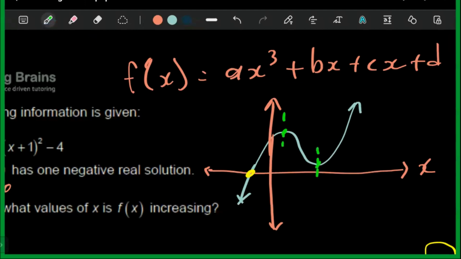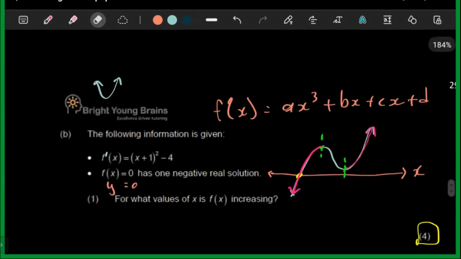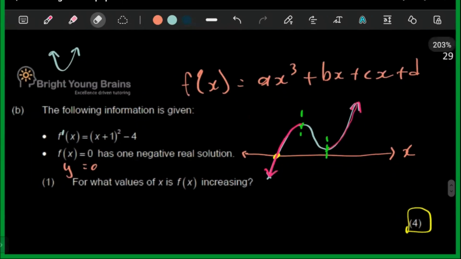If you're walking on this graph, as long as you're walking upwards, the graph there is increasing. Here also you'll be walking upwards, so the graph is also increasing. So it's increasing from the x value of one turning point to the x value of the other. We may not know where the y intercept is, but let's leave that out for now.